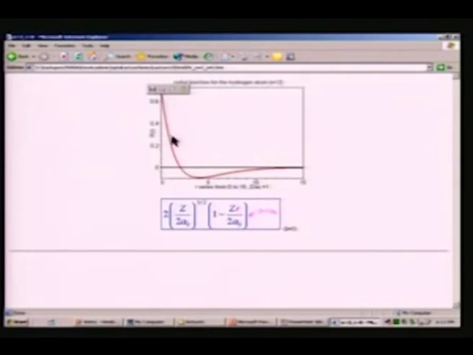It keeps increasing, but the exponential minus Zr by 2a naught will eventually bring it to 0. Therefore this function has a radial node at r equal to 2a naught.